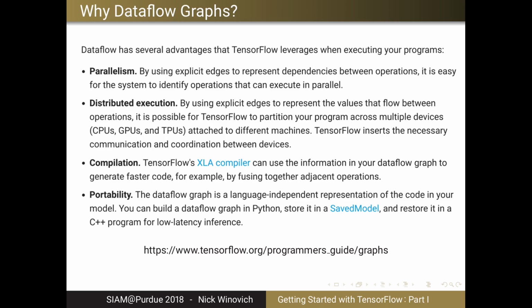So if you know exactly how your graph is set up, you know in advance exactly all of the data flow connections and all of the dependencies, you can easily distribute the computation across multiple cores. And in addition to that, portability, as I mentioned before, you can store these in a language-independent protocol buffer representation, and use this on a cellular phone which may not have Python installed.